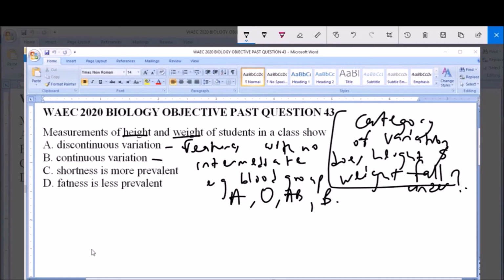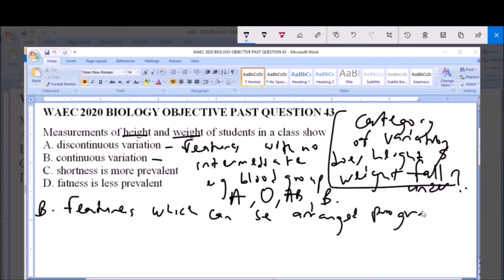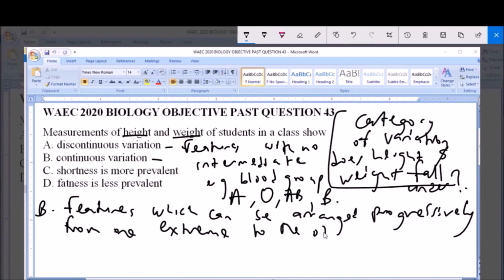Option B says continuous variation, which encapsulates those features which can be arranged progressively from one extreme to the other. Examples are height and weight.